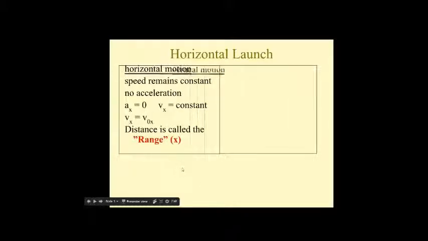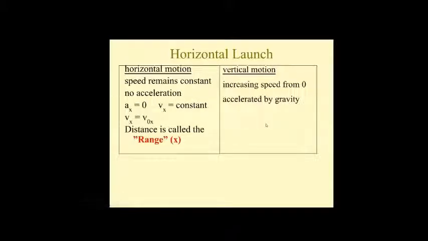Now we'll look at the vertical motion. So that's the motion up and down. We have a left or right motion, and we have a downward motion on a horizontal launch. The speed increases from 0, so it has no initial velocity if it's launched horizontally. That means exactly level with the horizon or the ground.